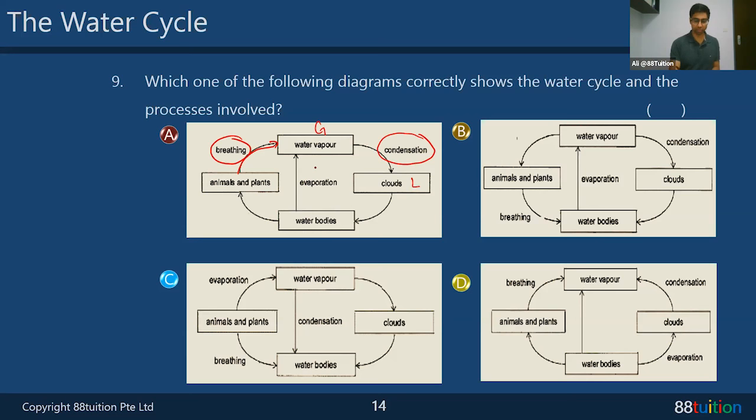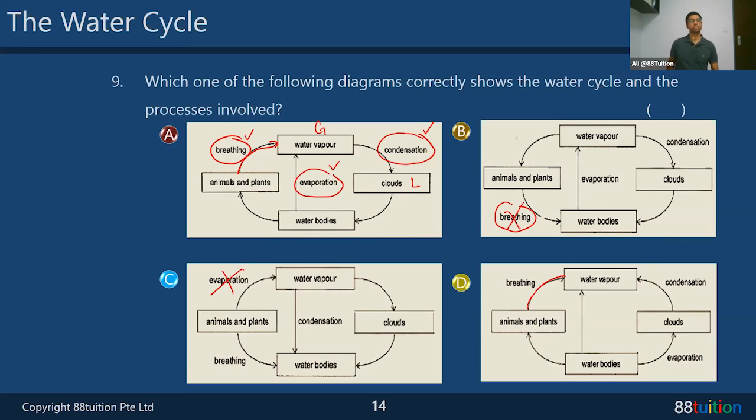Water bodies to evaporation. This word is wrong also.